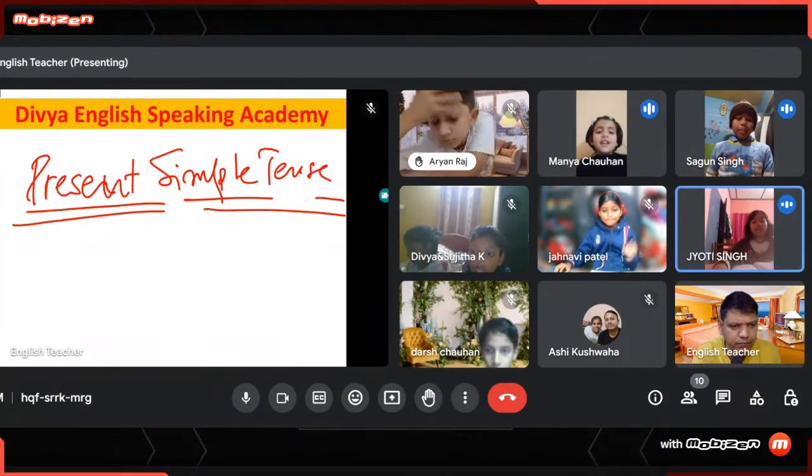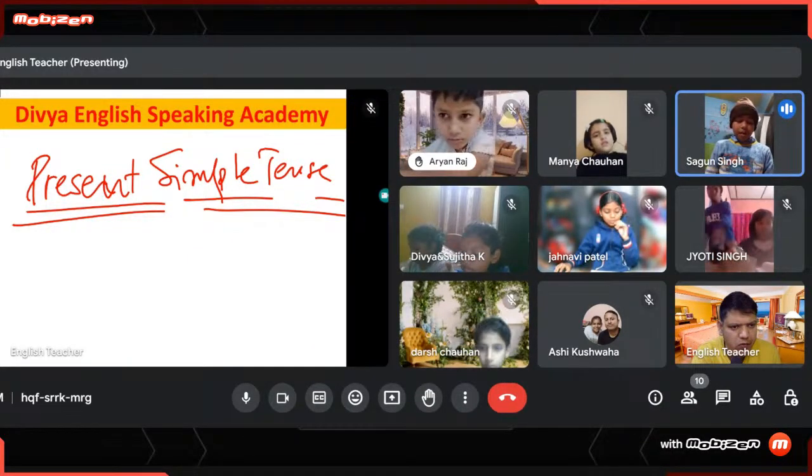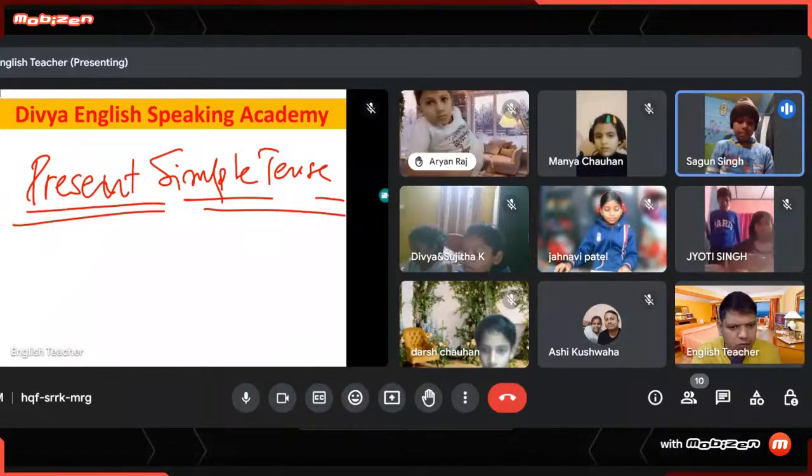So, the important things to learn in passive voice are tenses, forms of verb, especially the third form, then the third one is objective pronoun.